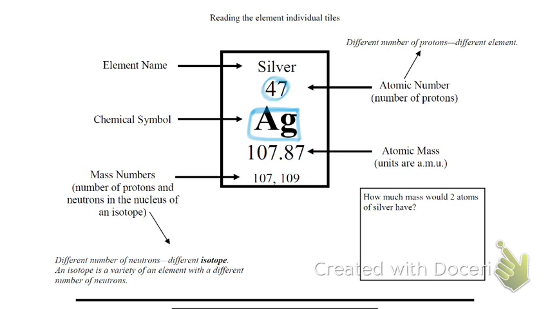The number at the top of the box will be the atomic number, which also tells you the number of protons. So all the different numbers are telling you the different elements because they're different numbers of protons. On our page, the name is underneath the symbol, but it will tell you in an actual word what the name of it is.